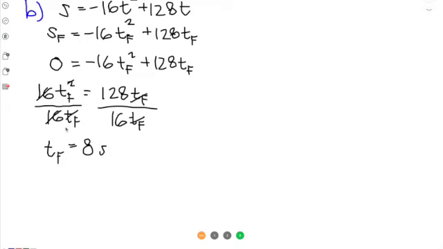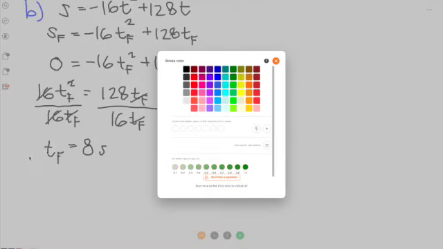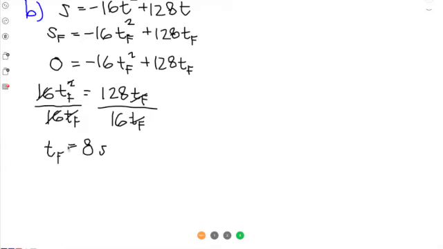So now we know that the whole motion from the ground to the maximum height that we solved earlier, which is 256 feet, and then going back to the ground, that round trip will take 8 seconds.